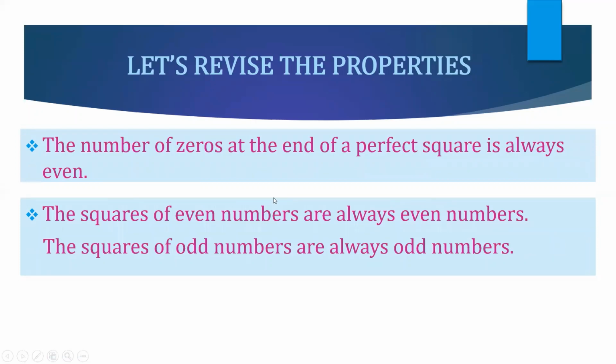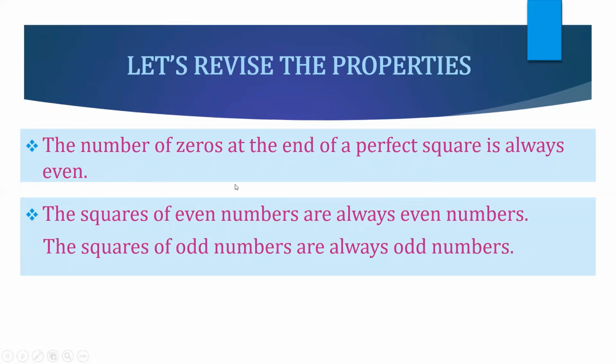Next property: the number of zeros at the end of a perfect square is always even. That means if the number of zeros is odd, then that number cannot be a perfect square.